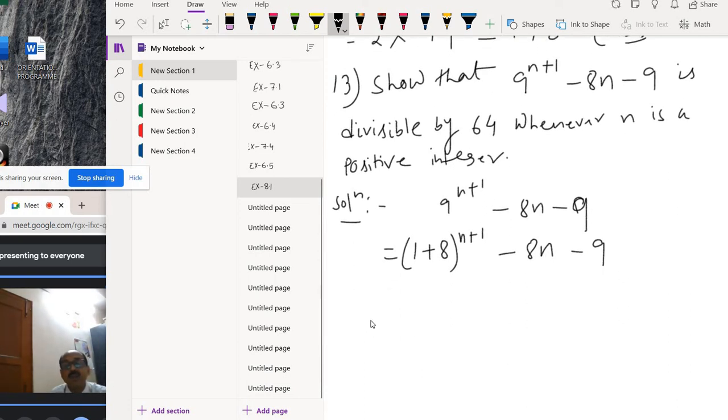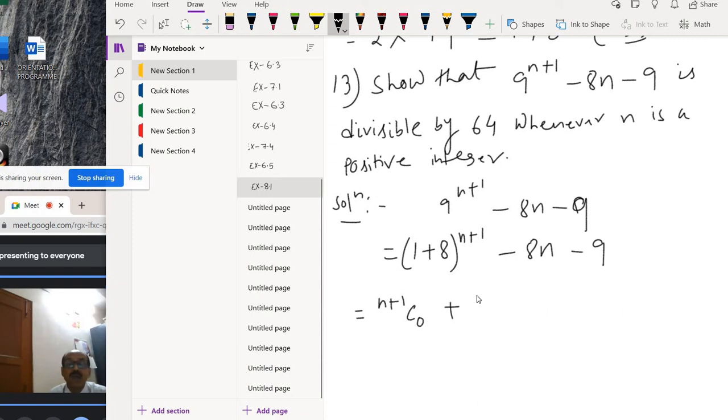1 plus 8 to the power n plus 1 equals n plus 1 C0 into 1 to the power n plus 1, so n plus 1 C0 only. Okay.